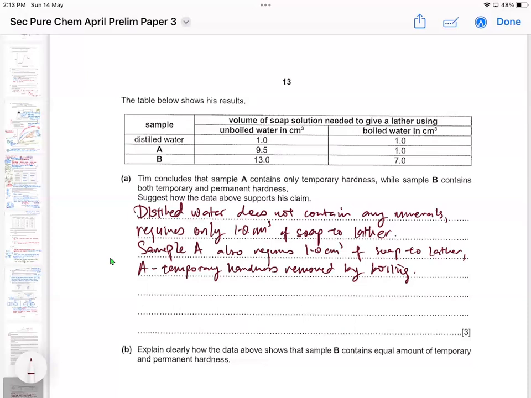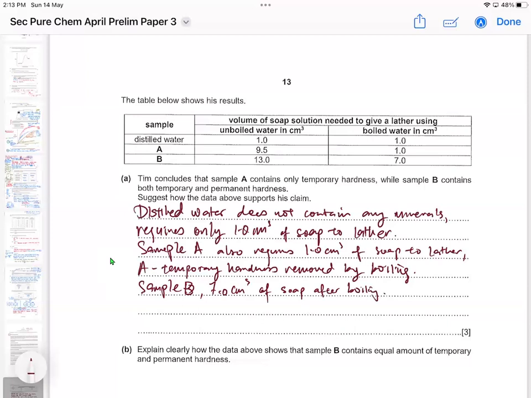And then for sample B, it will still require 7.0 cm cube of the soap, right, after boiling.